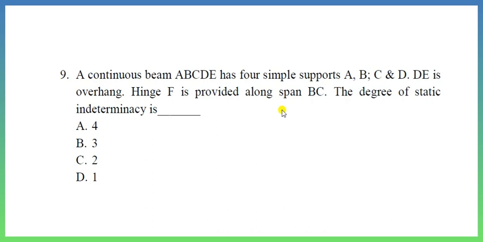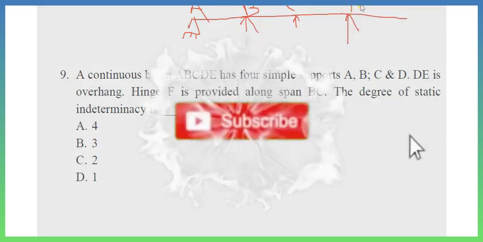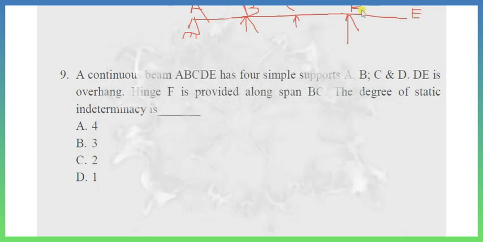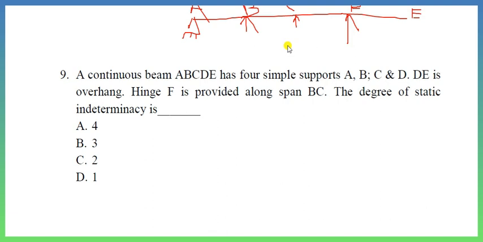So first of all, I will draw the diagram. A continuous beam having simple support at A, again this is B, this is C, this is D and this is E. DE is the overhang and hinge F is provided along the BC.